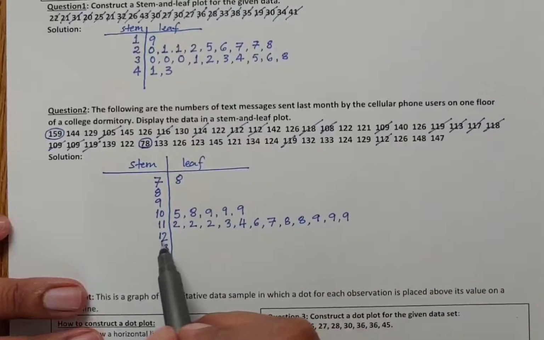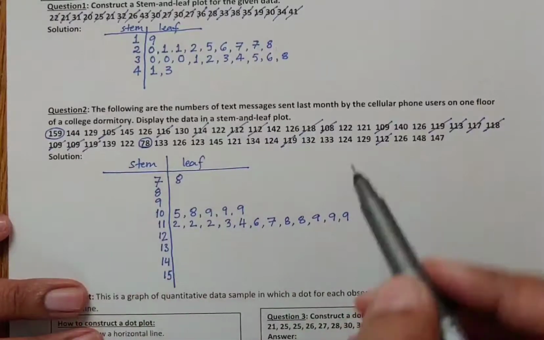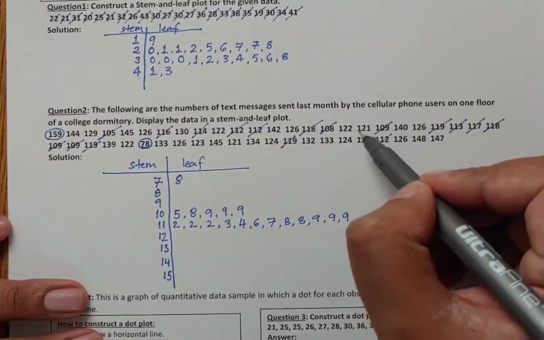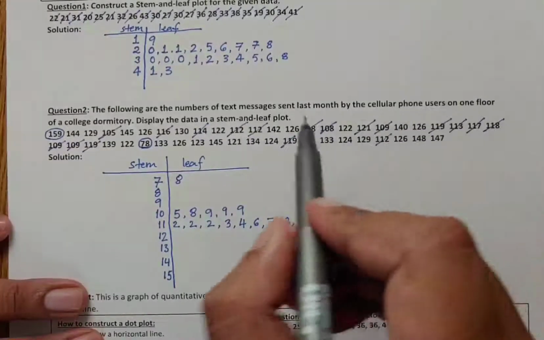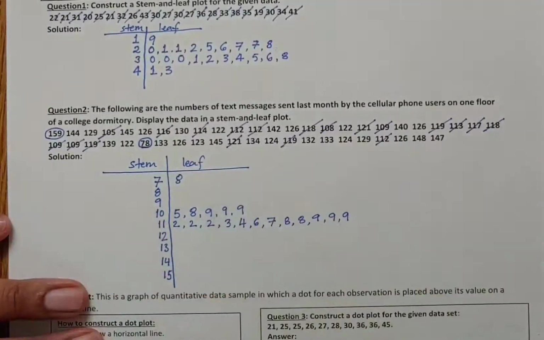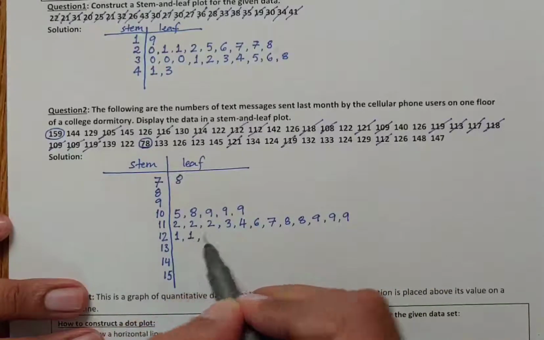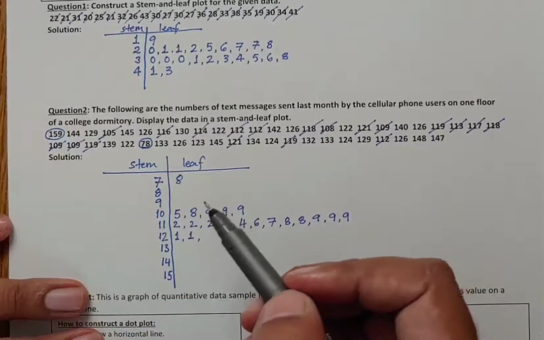Now 120 to 129 goes into this place. So 120, do we have 120? We don't have any 120. We have 121, and is there any other 121? So two 121s. Then 122.